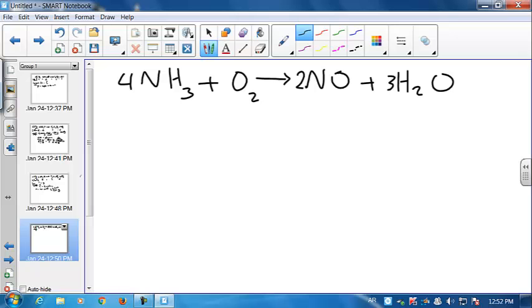The 3 and 2 means, let us try this. 5, I can make this 10, so I multiply this by 5, and I make this 4, and I make this 6.